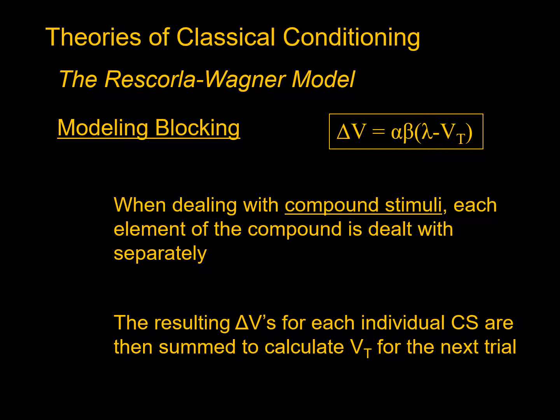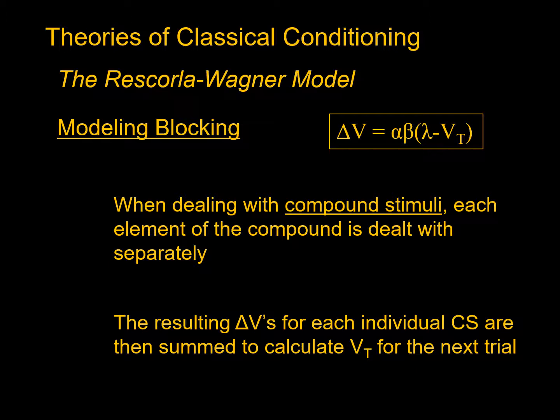So when we start phase two of modeling, for example, when we talk about our control group, we're going to have to model first, what's delta V for the CSA US association, and then we're going to have to model what's delta V for the CSB US association.